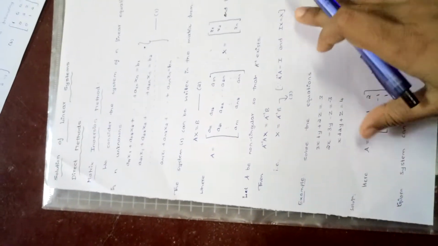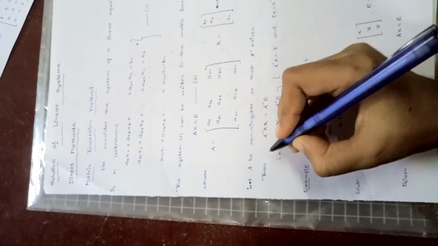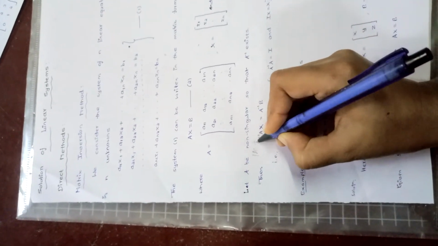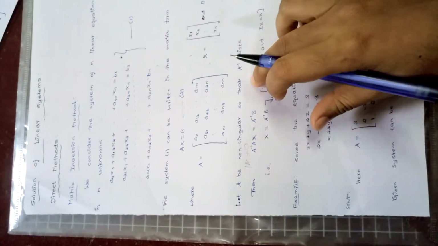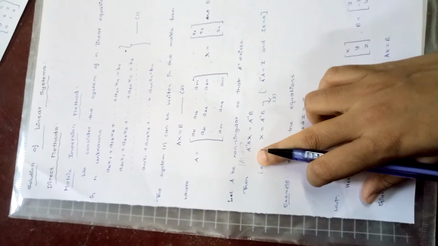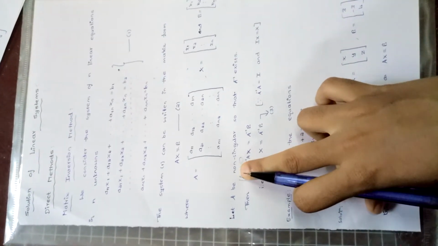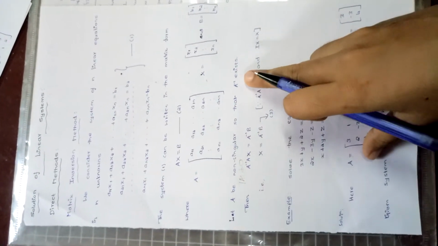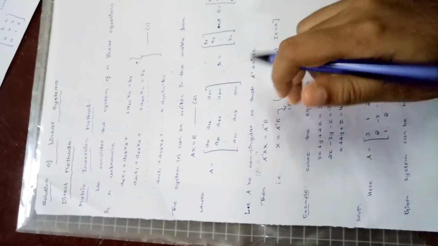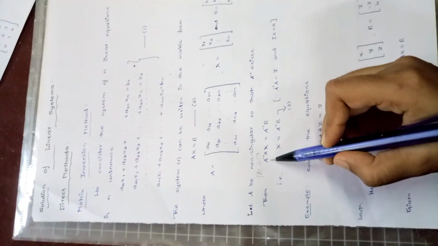Now we assume that A is non-singular. A non-singular means determinant of A is non-zero. So to apply the matrix inversion method, first you need to check whether A is non-singular, that is, whether determinant of A is 0 or not. If determinant of A is non-zero, then A inverse exists. So to this equation we can multiply A inverse from the left hand side.